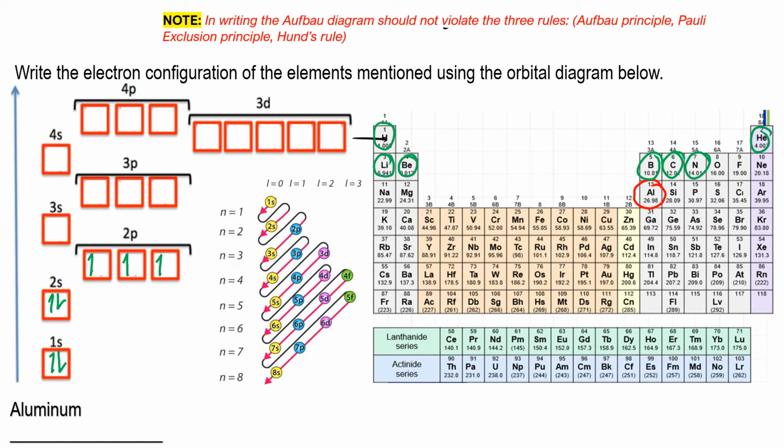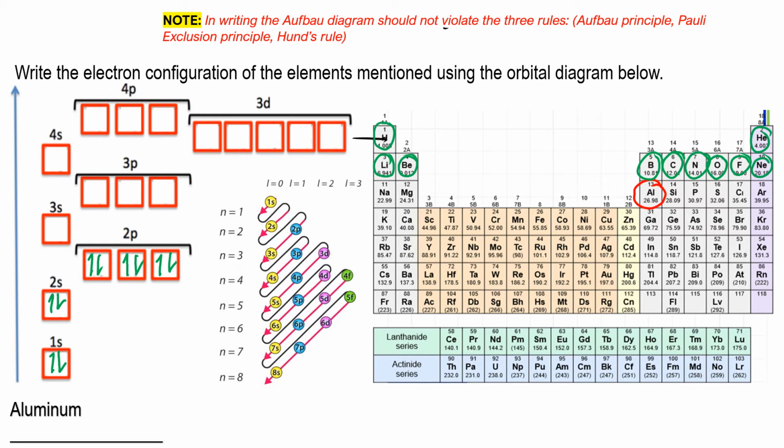The reason for that is we're following Hund's rule, that in this energy level, all of these three sublevels have the same energy. So we will distribute the electrons first to each of these sublevels, and that's the time that we can start moving down. So we already filled up the 2p orbitals, which contain 6 electrons.